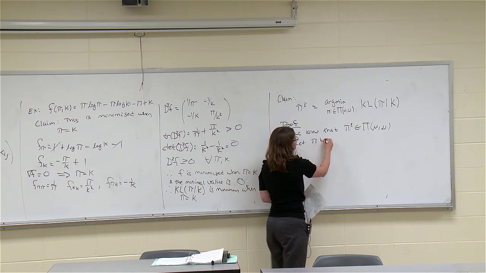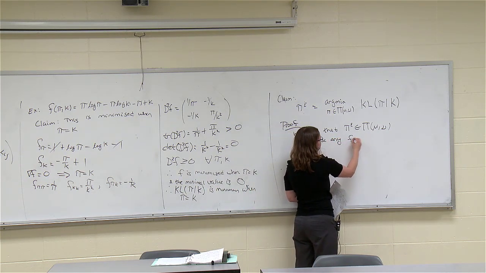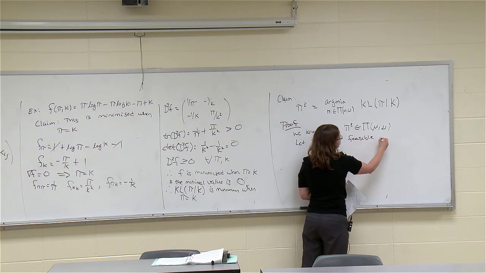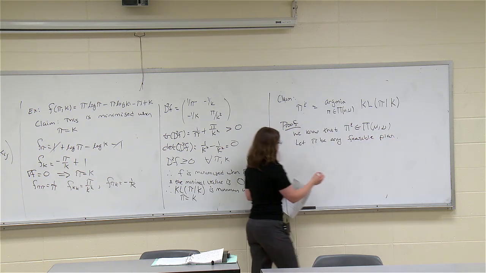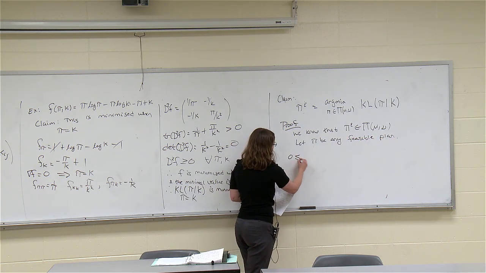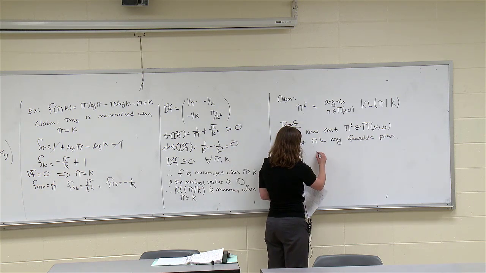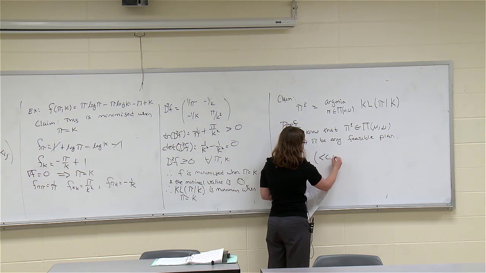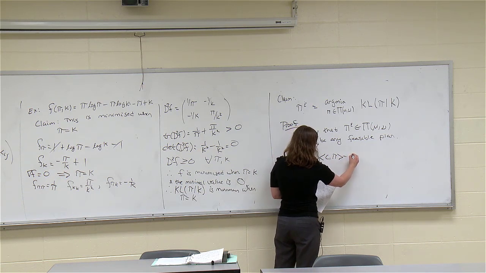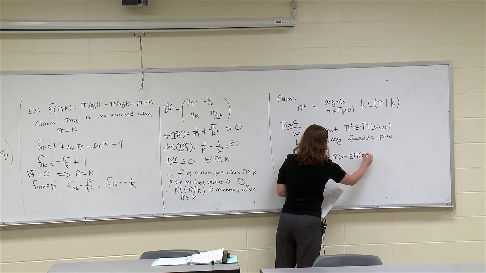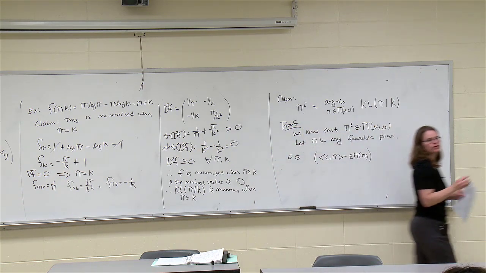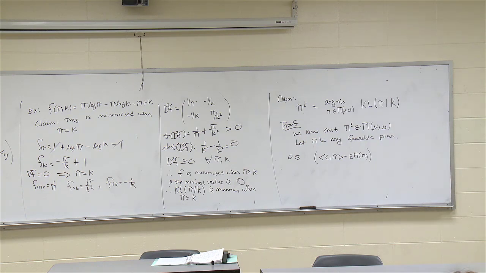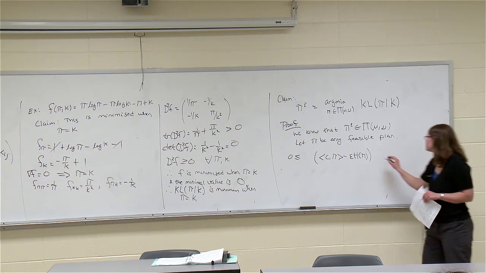Let pi be any feasible plan. We need to compare them. And we know that if we look at the objective function on pi, this will be bigger than if we look at this objective function on pi epsilon. Pi epsilon was defined as the minimizer of this thing.